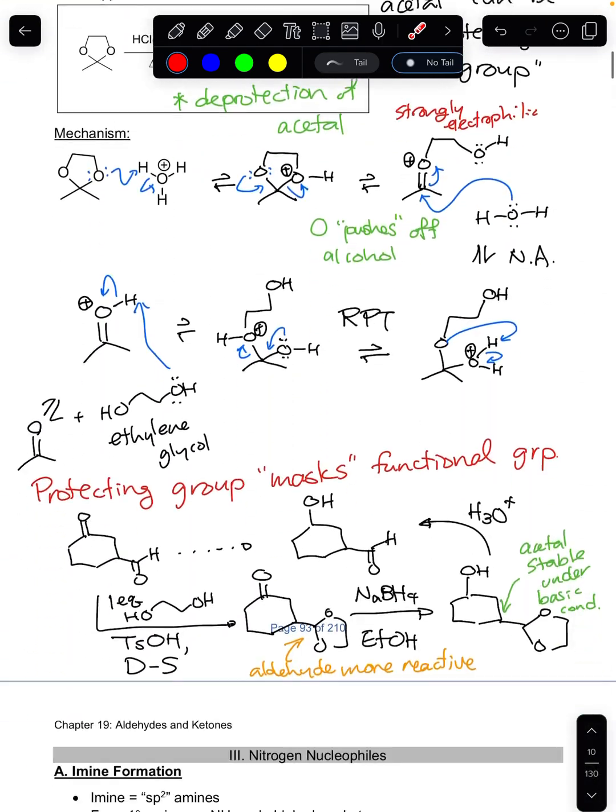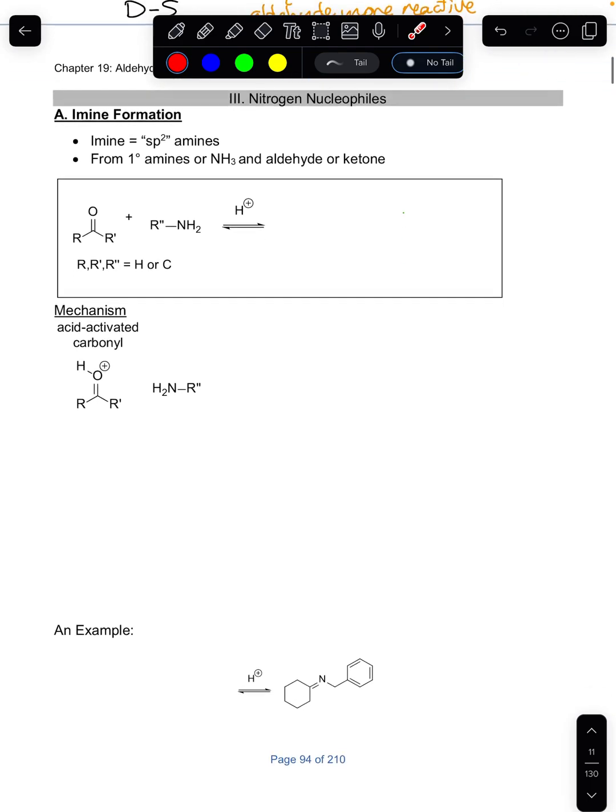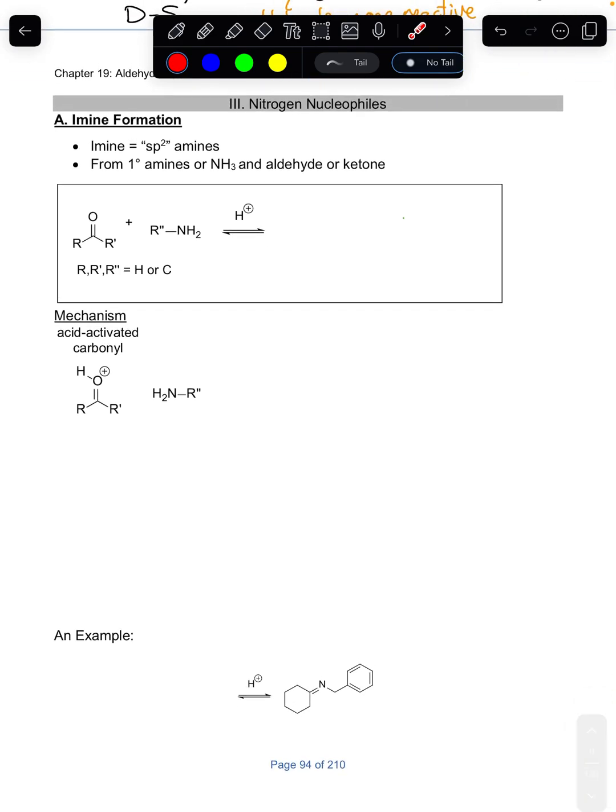And of course, in a biological system, you have a lot of carbonyl molecules and amine molecules. Those are pretty abundant types of functional groups in physiology. So as we'll talk about, imines are really important functional groups. And you might ask, well, what is an imine?